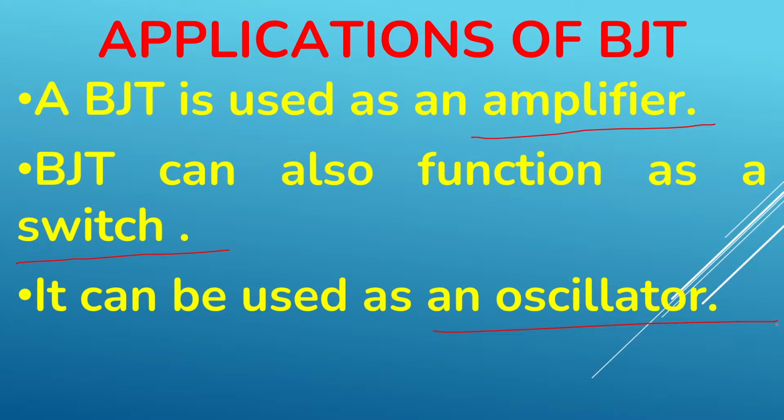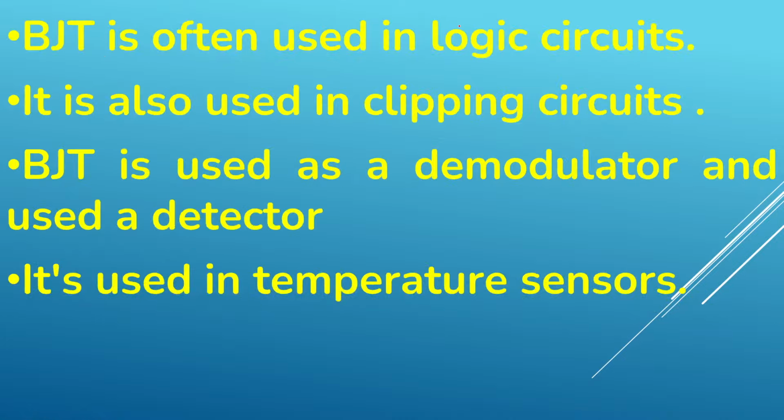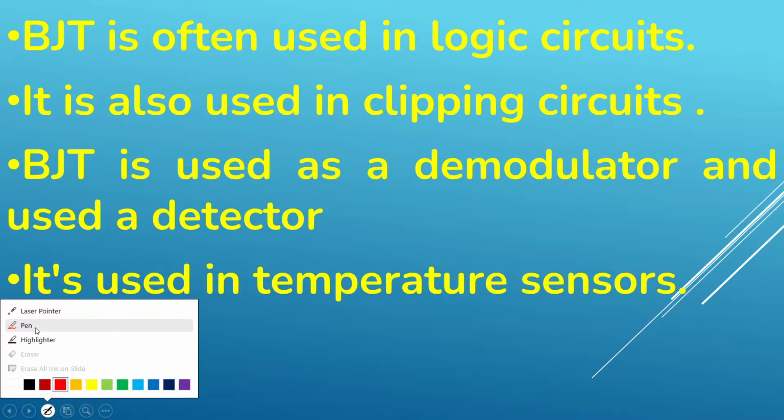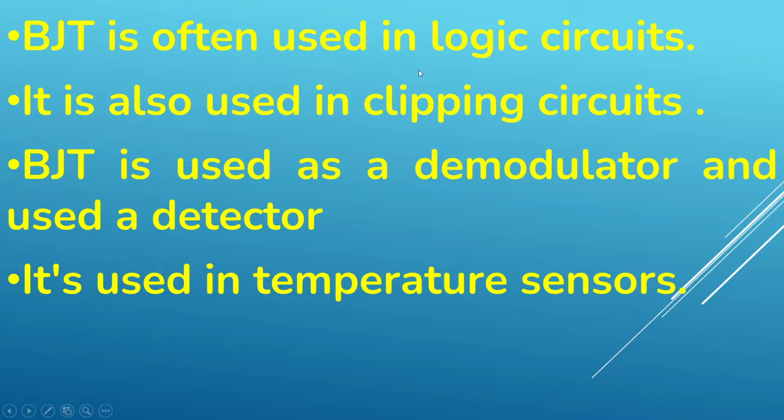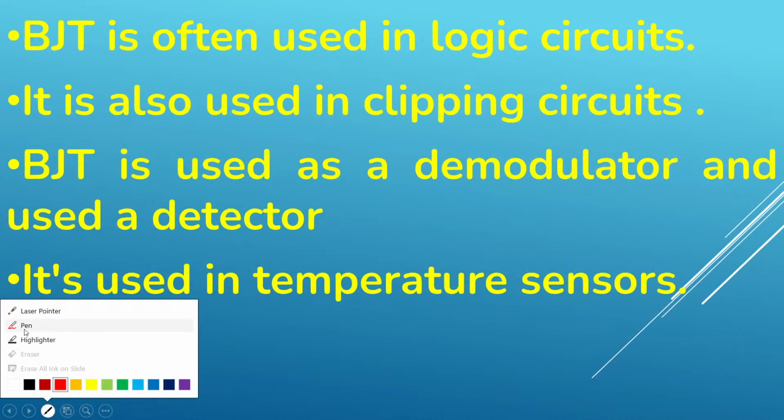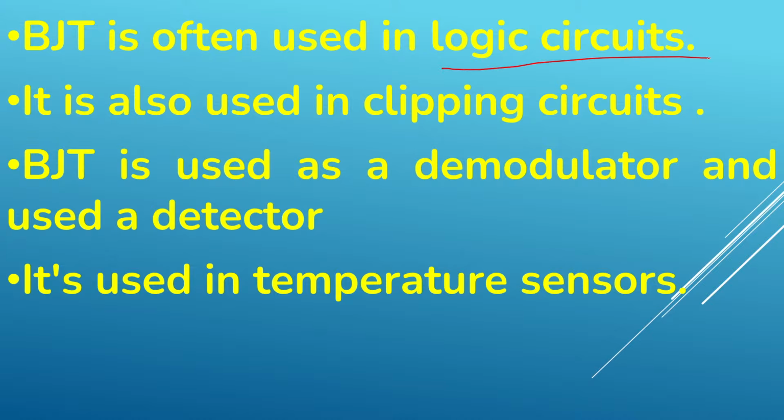It can be used in logic circuits, which is another topic, and in clipping circuits. It can be used as a demodulator and as a detector. It can be used in temperature sensors. So these are all the applications of BJT.